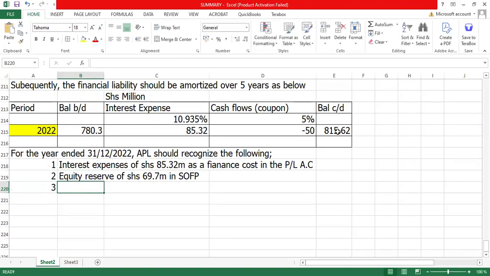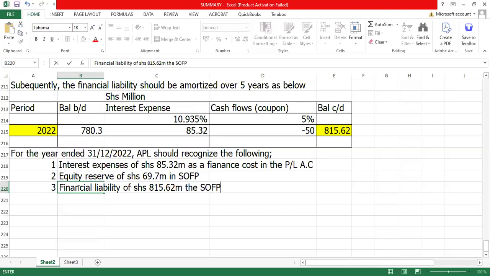Then you recognize the financial liability of shillings 815.62 million in the statement.